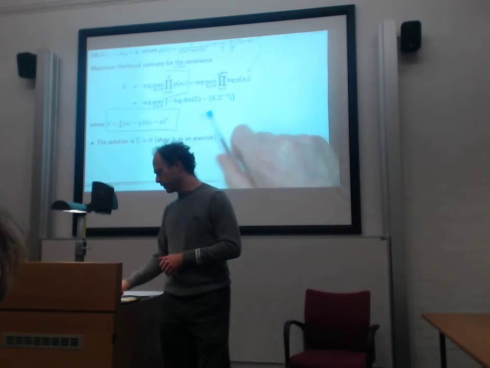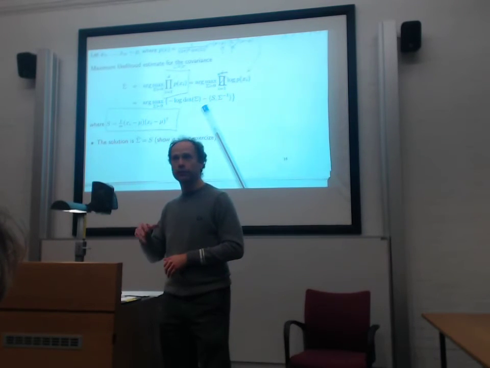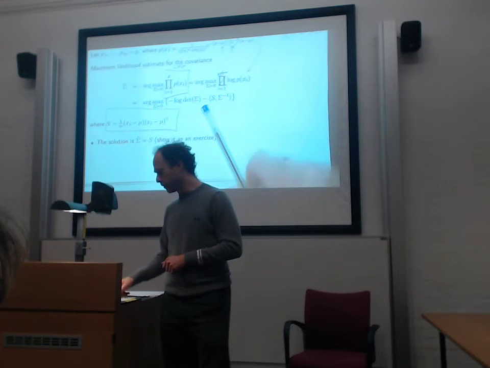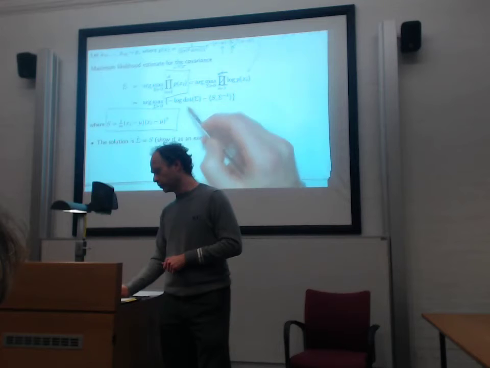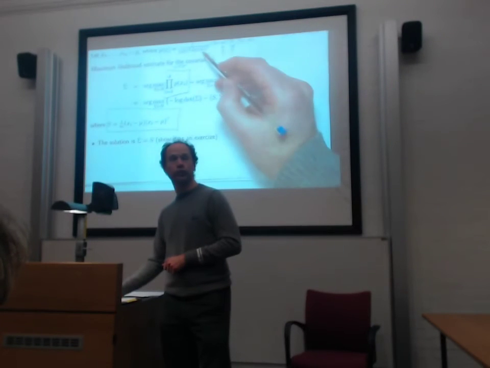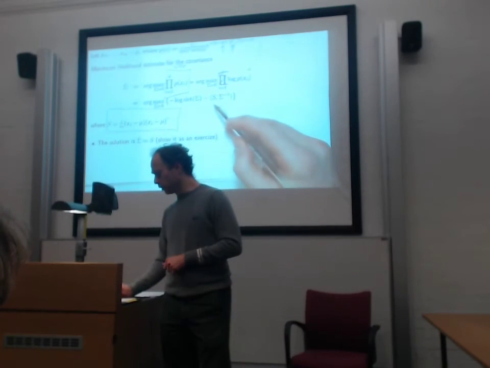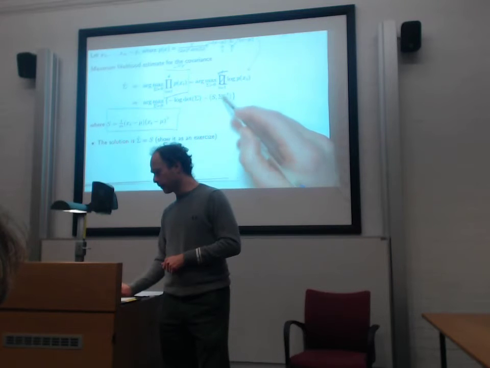And then you get this expression. I skip the details because we are a bit late. You need to maximize over your covariance the minus log determinant, and then you have the inner product between the empirical covariance and sigma minus 1.